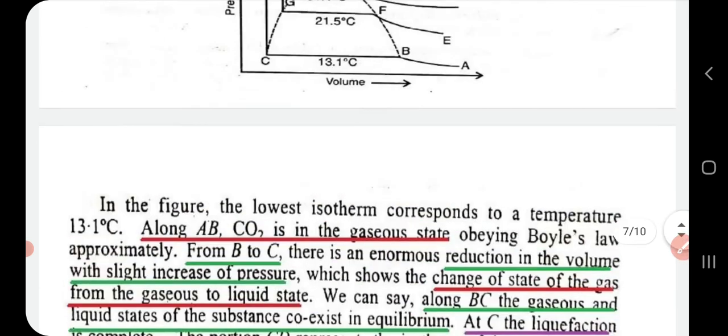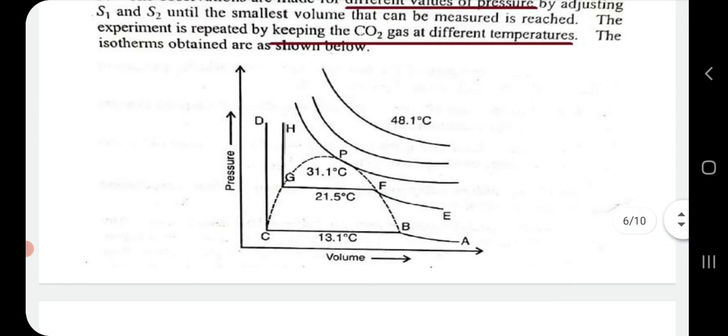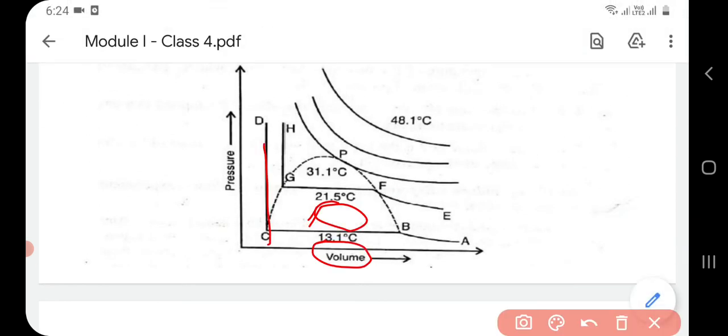Okay, at the same time, another difference that you can notice is that the starting point of the vertical isotherm G is at a higher pressure when compared with C, right?